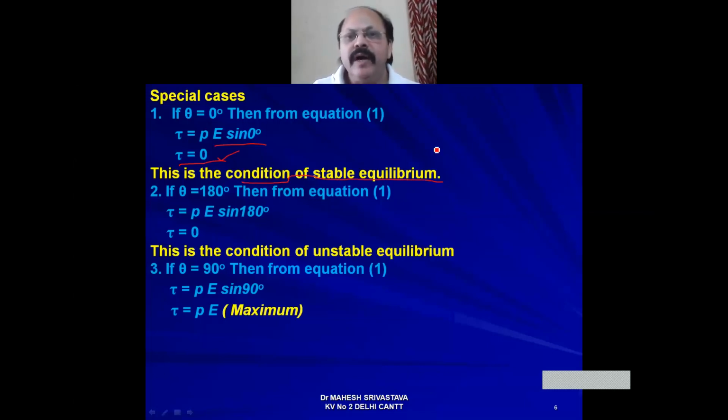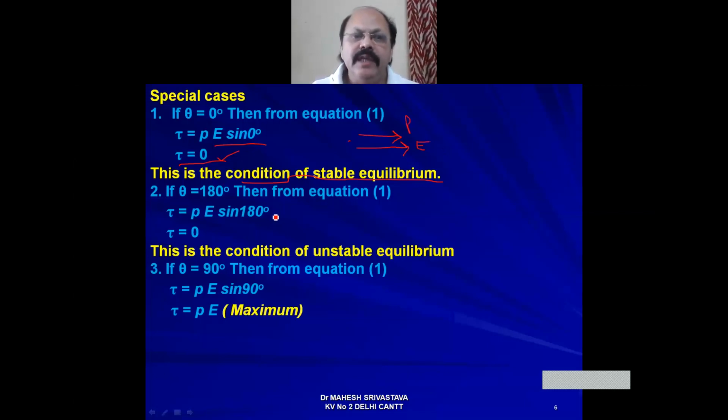So what do you understand by this? This condition means that the electric dipole is now in the direction of the electric field. So both are in the same direction, P and E. That condition is known as stable equilibrium.